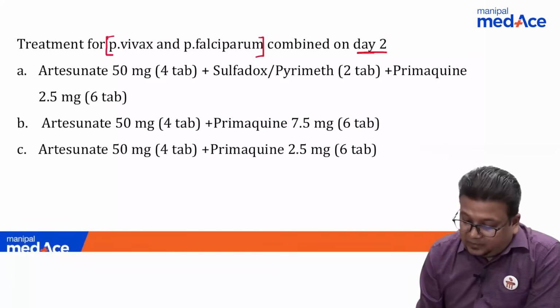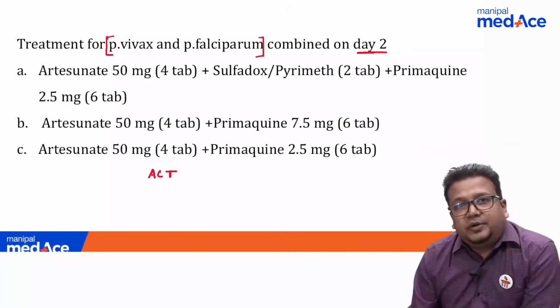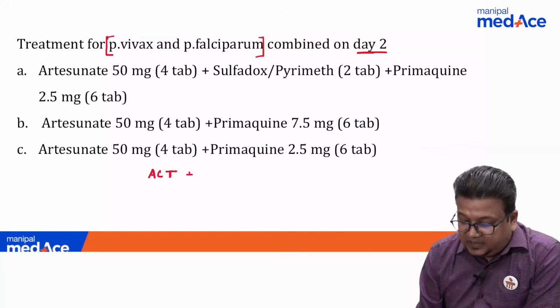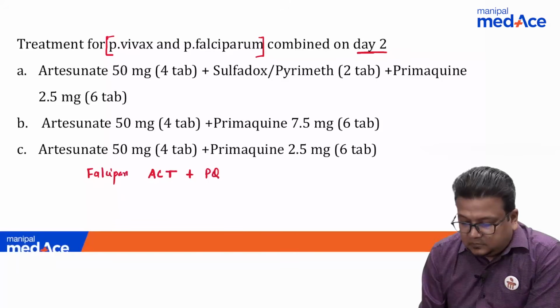So what are we going to give? So how do we treat? We give artesunate combination therapy plus primaquine. Now if it was only falciparum, please understand, this is the trick.